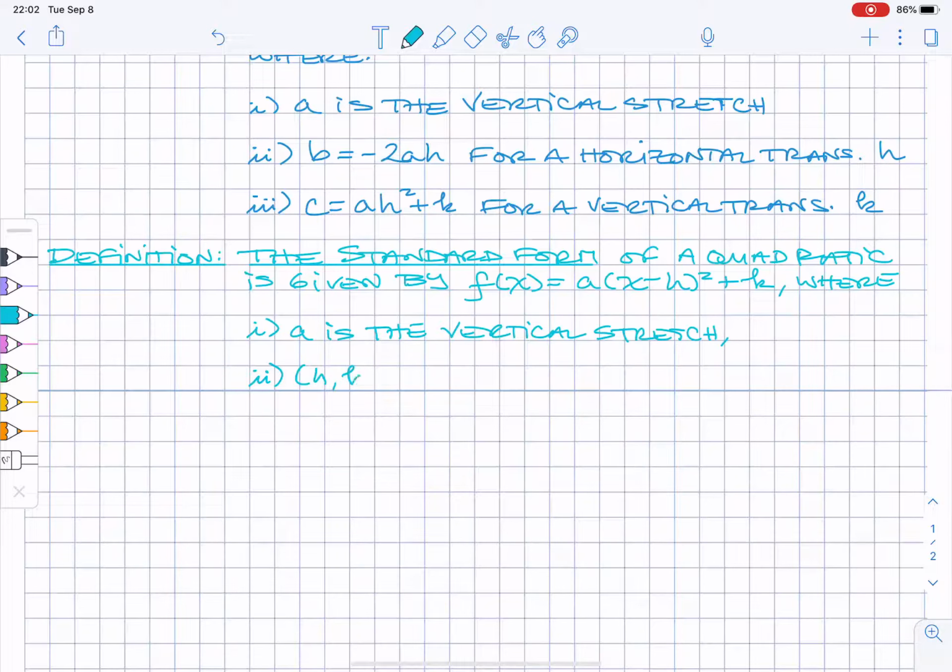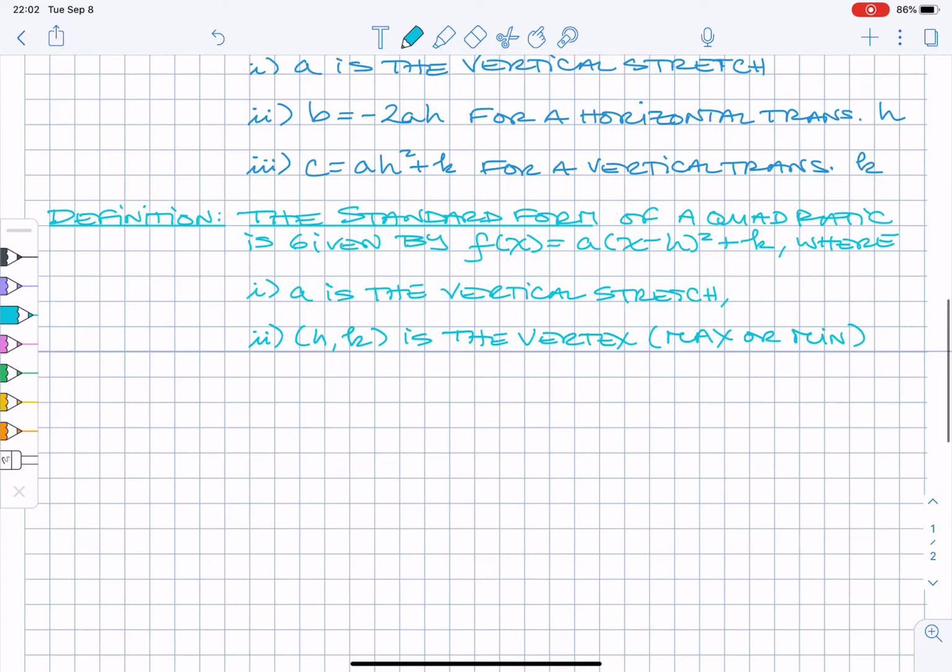H comma k is the vertex, and the vertex in a quadratic is max or min. Okay, so let's recall.